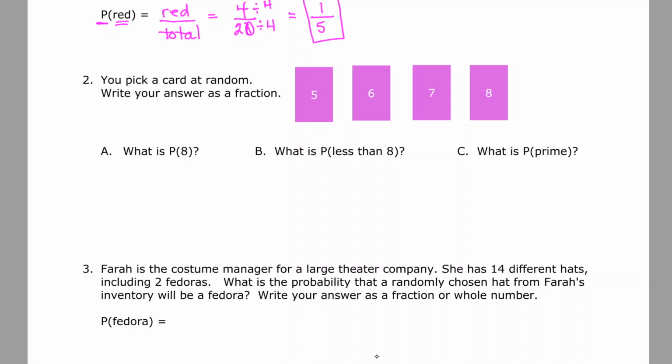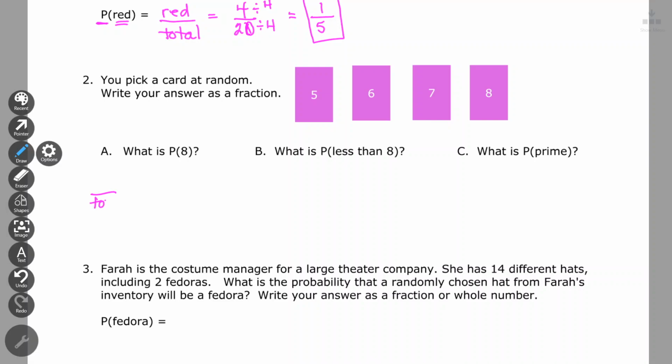Well, we know that there are 4 cards, so the total number goes on the bottom. This is the probability that you will choose an 8. There's 1 eight, so that would be the top number.